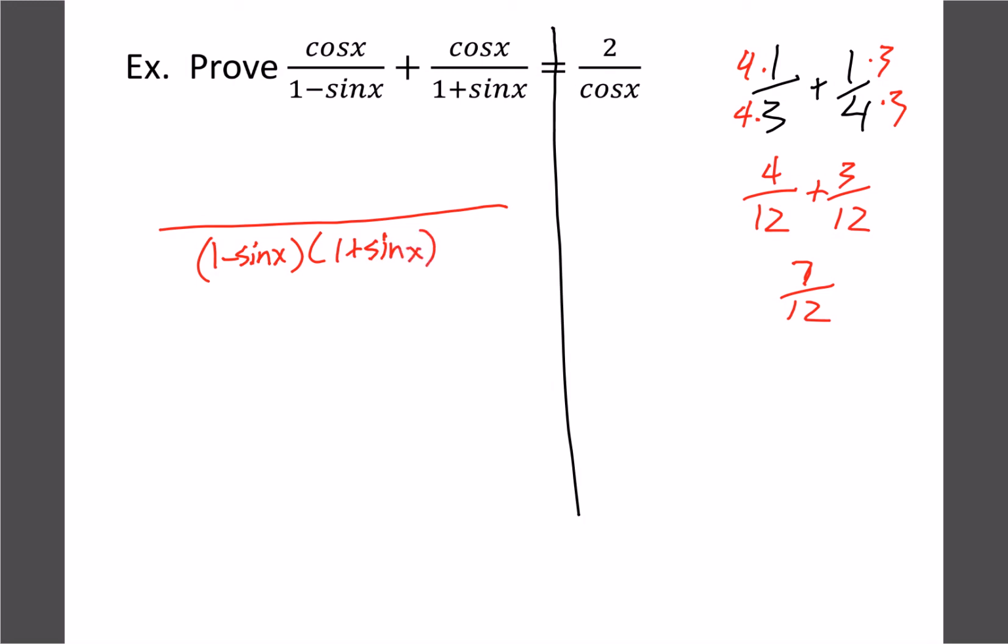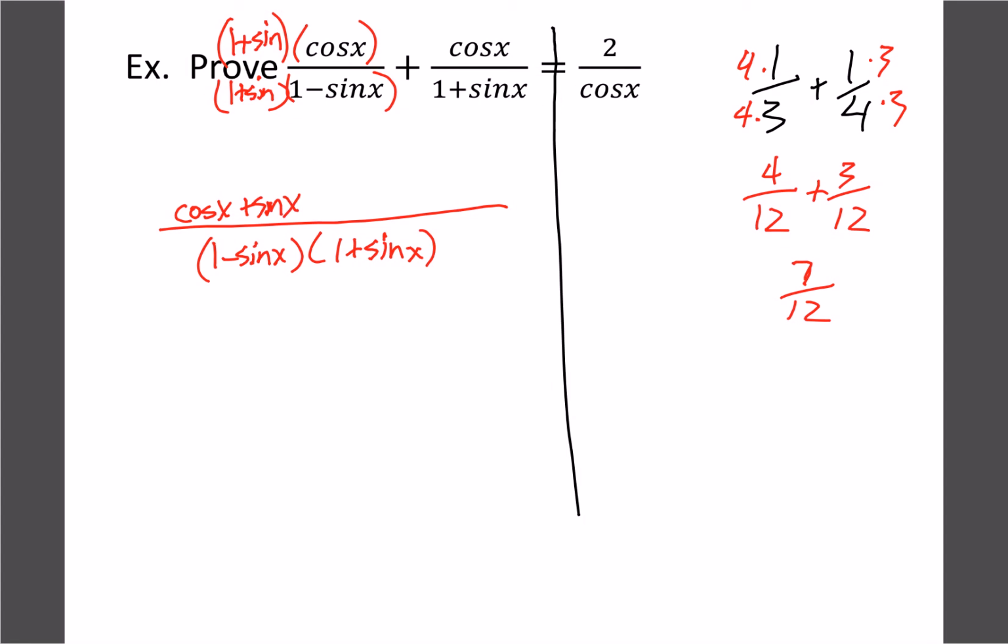So we're going to have to times each fraction by whatever is missing. So this one we're going to have to times it by the 1 plus sine, top and bottom. So if we do that on the top, now let's FOIL it out. So we'd have cos x times 1 and cos x times sine x.